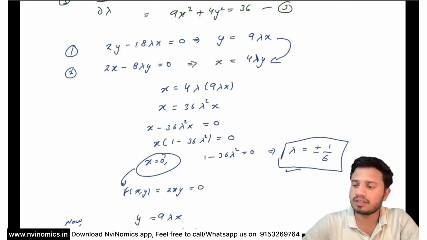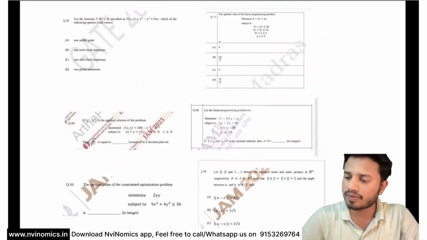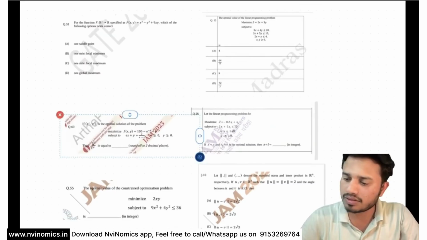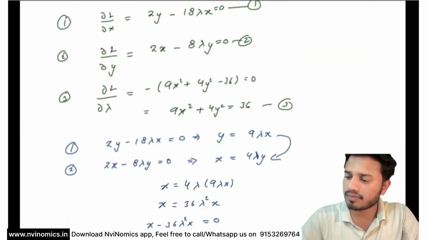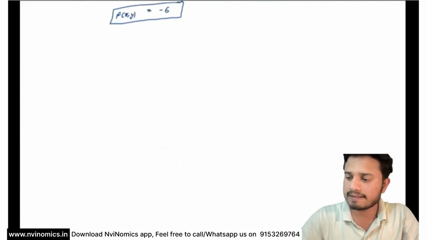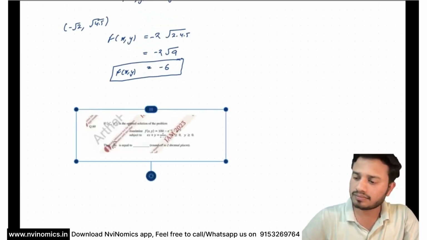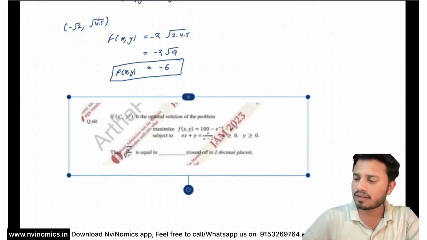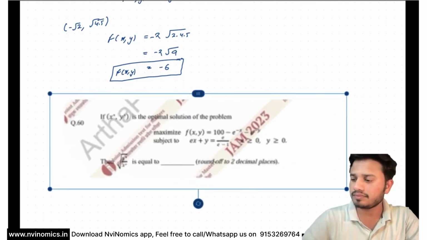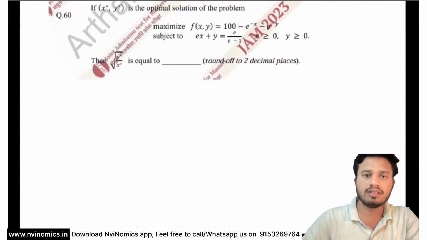Nothing. Okay. Let me give you a hint for the second problem, which is again on the Lagrange method. See this problem may look big, but not a big deal.